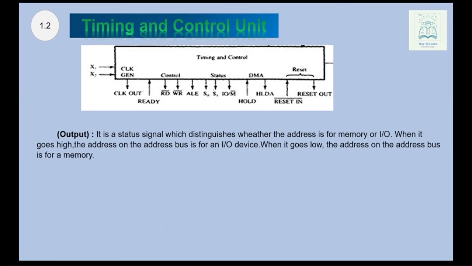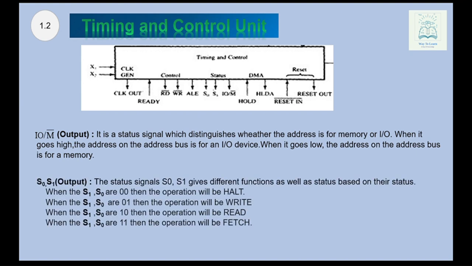IO or M bar, that is input output or memory bar. It is a status signal which distinguishes whether the address is for memory or input output. When it goes high, the address on the address bus is for an input output device. When it goes low, the address on the address bus is for a memory location.